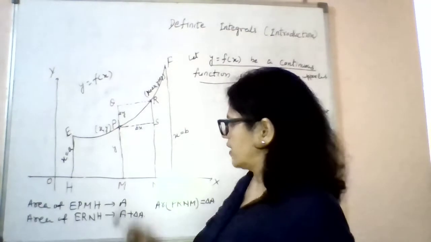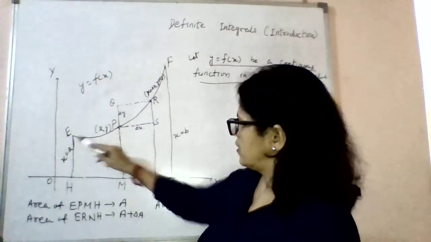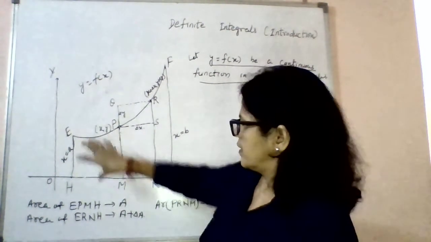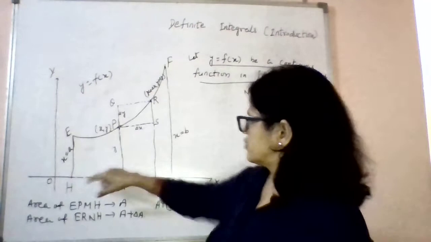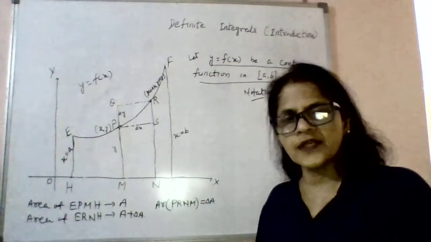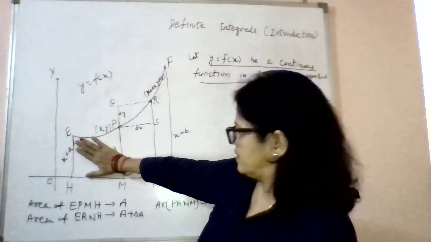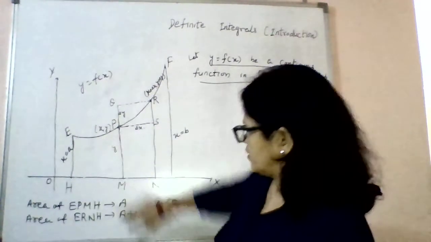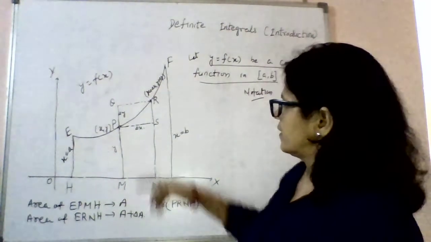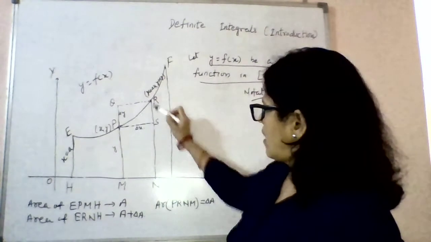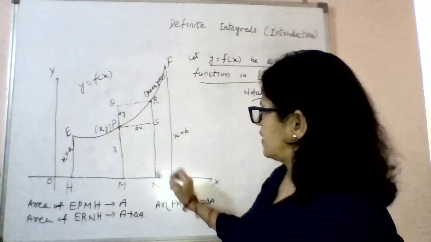Okay. And another thing I want to tell you: let the area of the region EPMH be A, and the area of the region ERNH be A plus delta A. So this region has area A, and ERNH has area A plus delta A. So if I take PRNM, the area of this region is what?